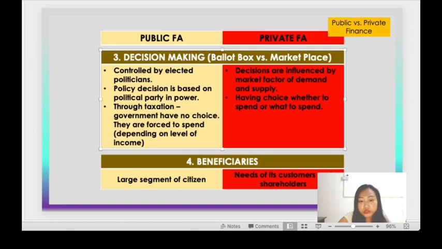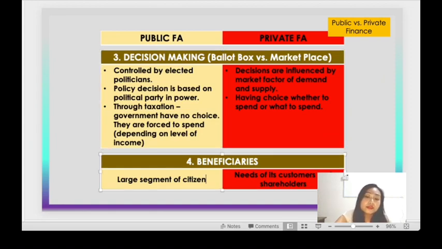Through taxation, government have no choice, so they are enforced to spend depending on the level of income. Meanwhile, for private FA, decisions are influenced by market factors of demand and supply. So they have the choice whether to spend or not, based on the marketplace, based on the demand and the supply as well.